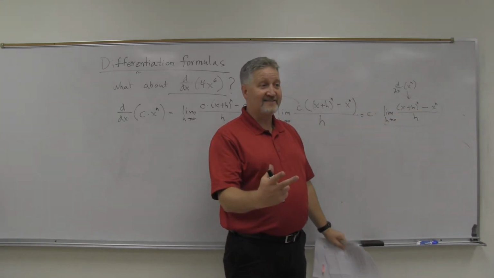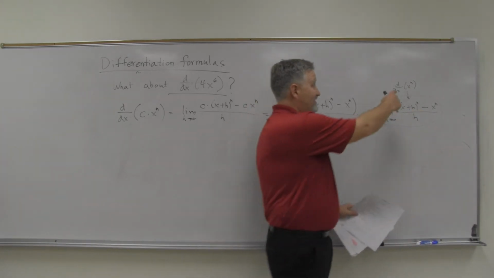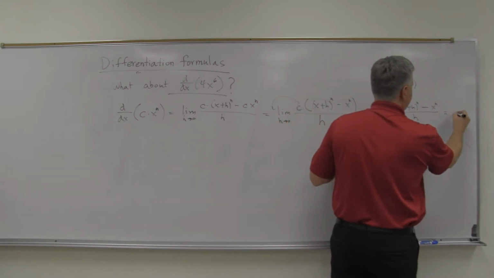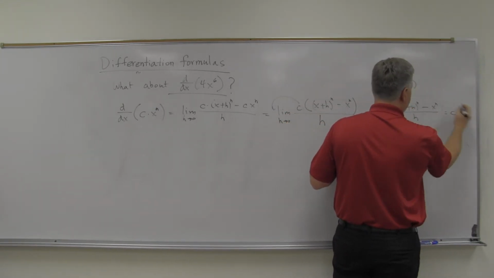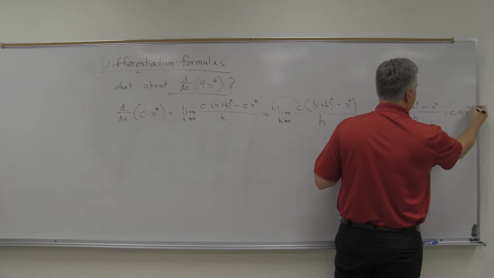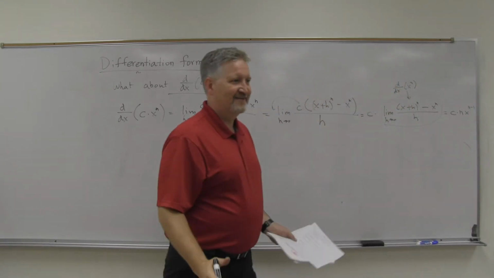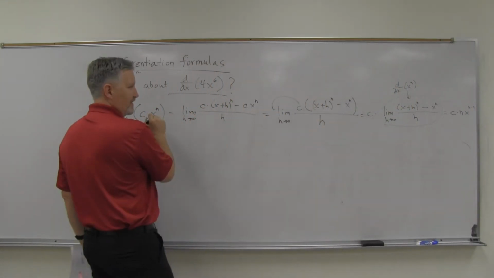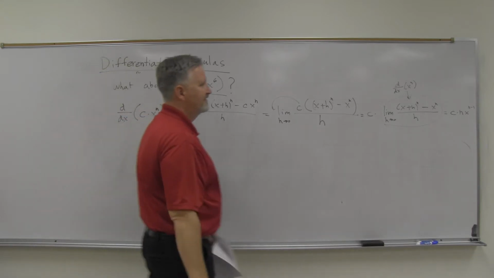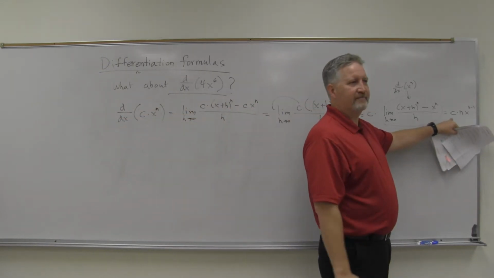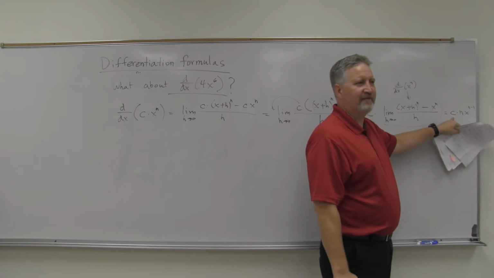And we know what that is, right? That's the power rule. So it's c times, bring down the power, x to the new power. The point of all this is, what happens when I have a constant times x to the nth power? You just bring down the power and multiply by the constant.